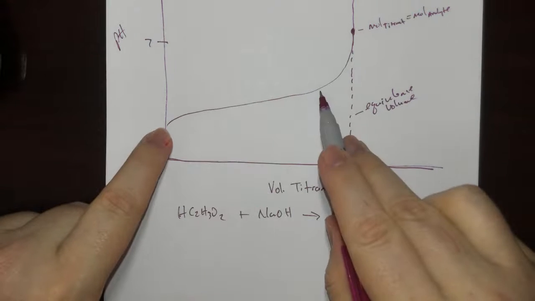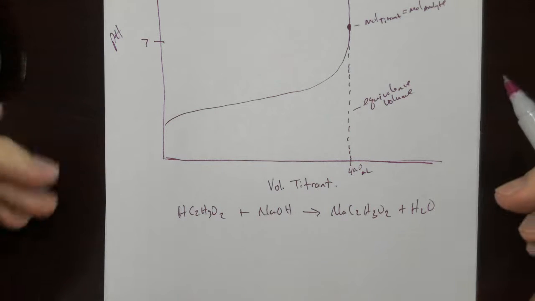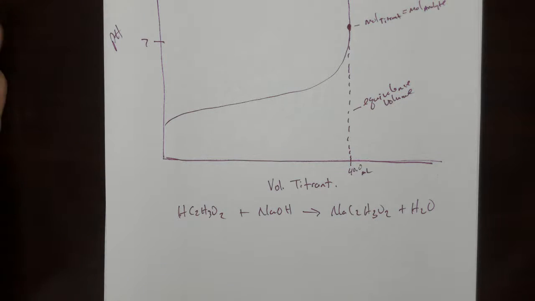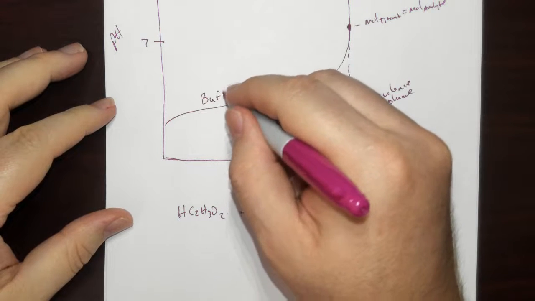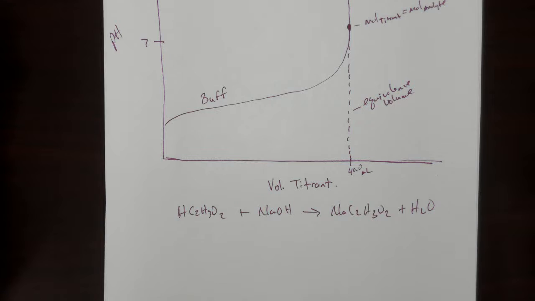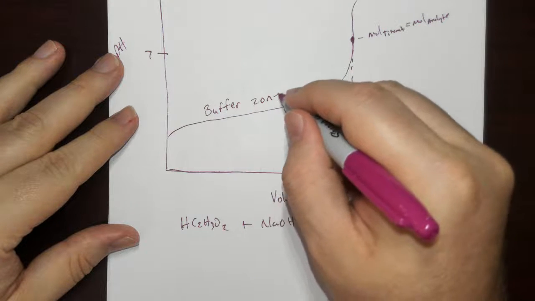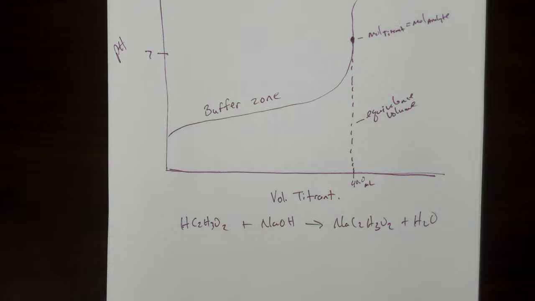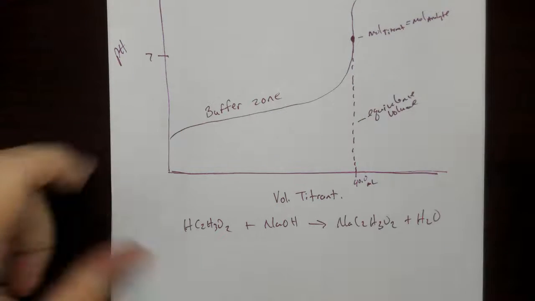Now, on the front side of the equivalence point, this is very important, especially if it's a weak acid, because if this is a weak acid, or if we did the opposite and we were titrating a weak base with a strong acid, this is called the buffer zone. And I mean literally this entire area essentially is the buffer zone.